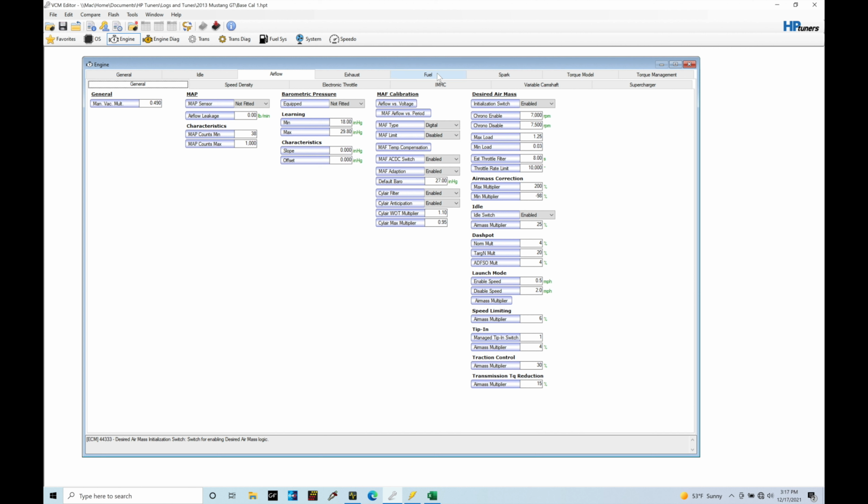So in looking at our MAF calibration, we have these two tables here, airflow versus voltage and MAF airflow versus period. If you're used to working with the 2010 and older Ford PCMs, those have a mass airflow sensor that is a voltage-based signal. 0 to 5 volt is what they output, and depending on what the voltage is reading, it'll associate the voltage to a certain amount of airflow being ingested into the engine.